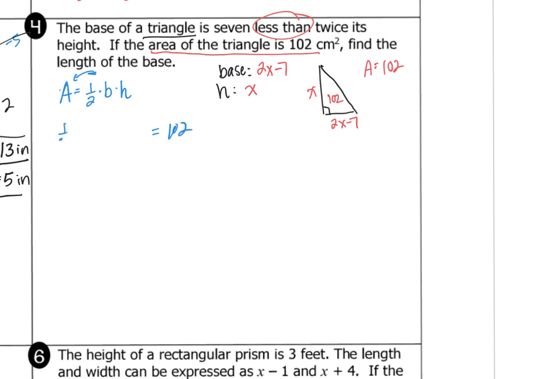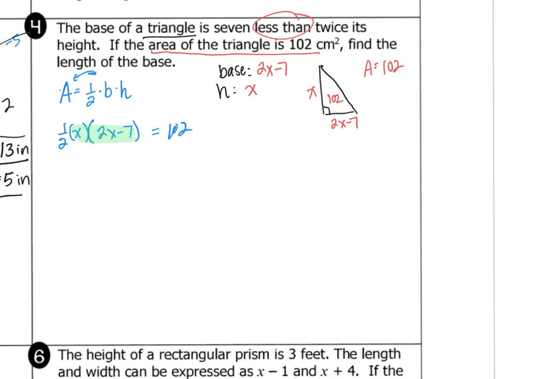We're going to have 1/2. And my base and my height, order doesn't really matter. I like having the single letter on the outside of the parentheses and then 2x minus 7. All of these are being multiplied. When you have more than just two things to multiply, we really got to chunk things out. So what I'm going to multiply first is the x times the 2x minus 7.